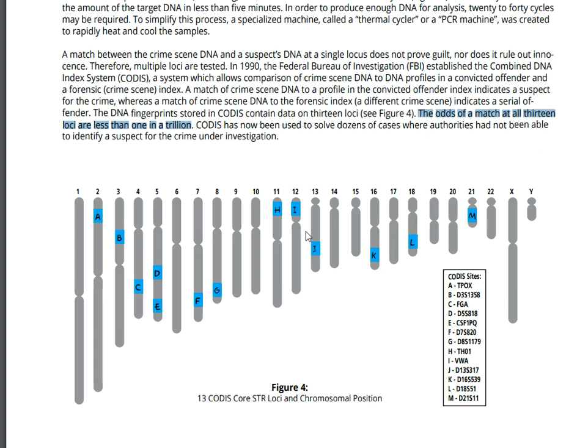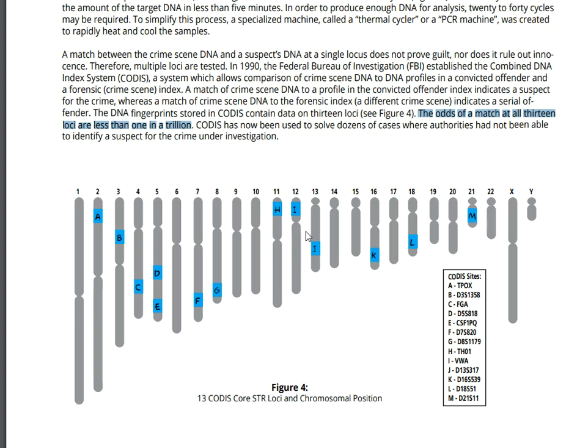So if we look at these 13 areas of the DNA segment and we compare these 13 particular areas to someone else's 13 particular areas, and we look at the banding that happens in something like DNA electrophoresis, there is only 1 in a trillion chance that someone else will have the same exact DNA at these particular locations. And that's where CODIS comes into play.